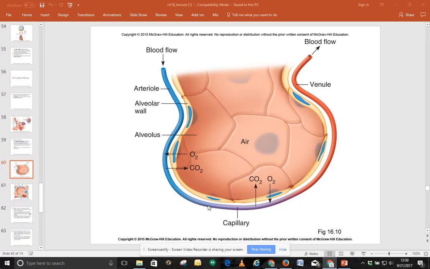As the blood becomes more and more oxygenated, more CO2 is eliminated into the alveoli. The blood becomes more red, and that indicates that it is oxygenated. The CO2 will thus be eliminated when you exhale, and the oxygen will be brought in from the atmosphere. So that's basically how this works around the alveoli.